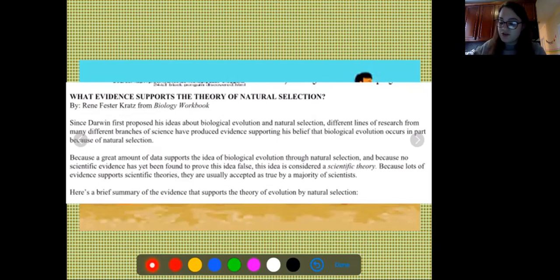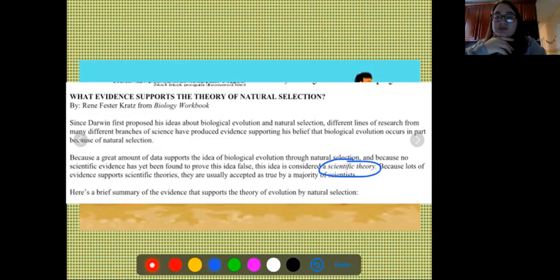All right, before we move on, I do want to draw attention to the phrase scientific theory. Now, I think that Mr. Sterling went over this with you guys last week, but remember when we hear the phrase theory, we're talking about something that's not technically a fact, but it's generally accepted as true.